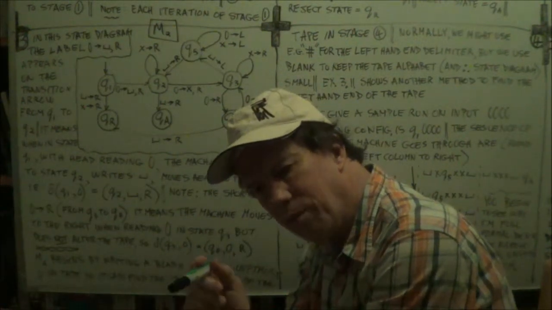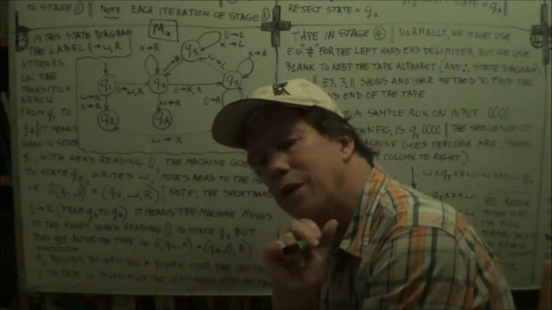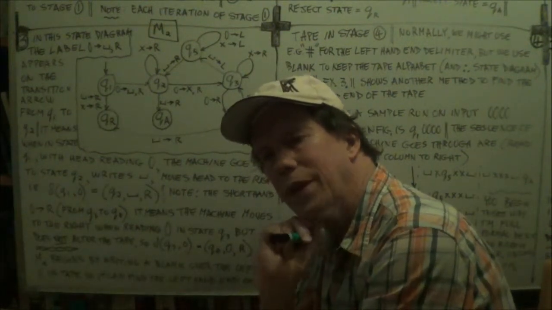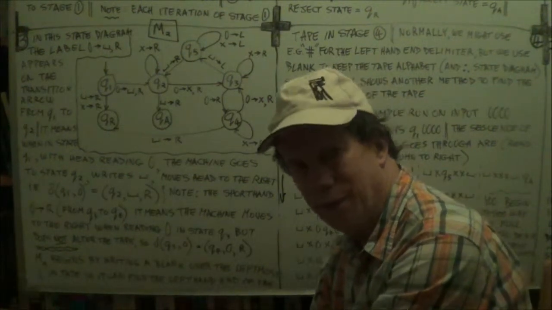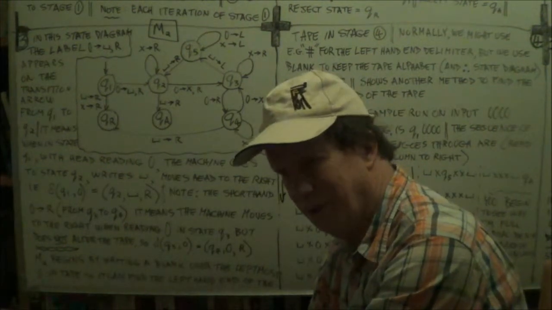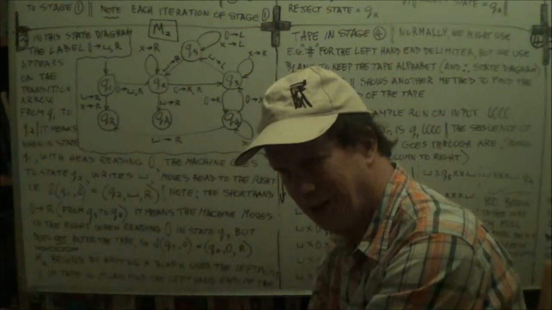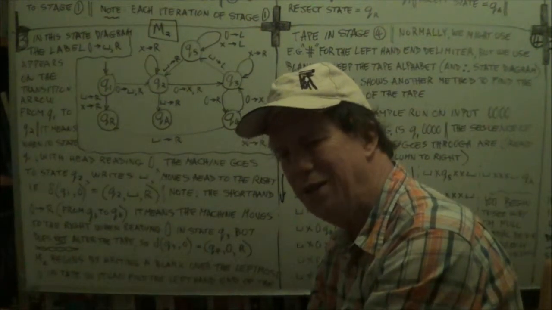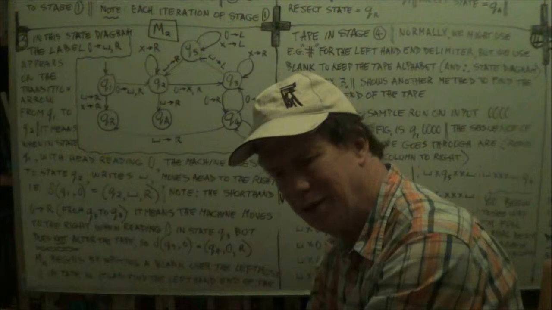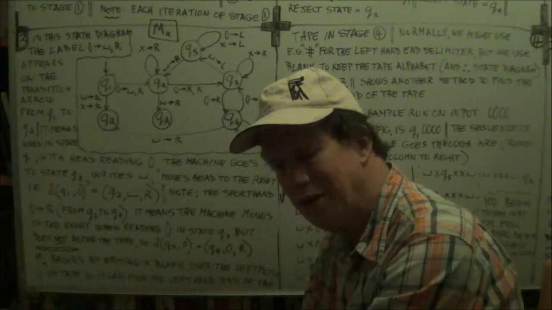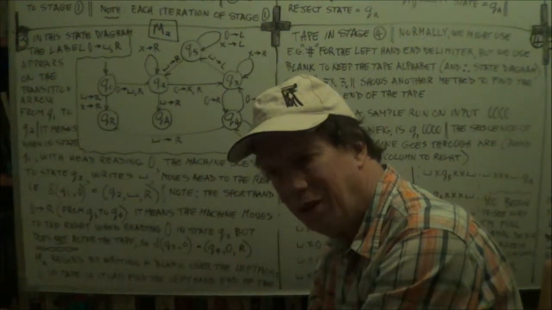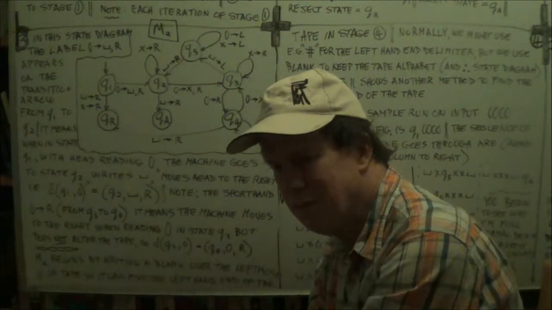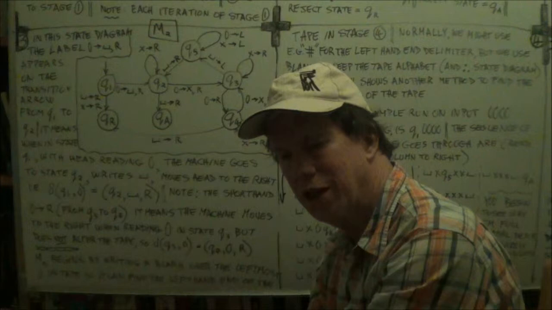Well, because you've got a blank at that first square. Now that raises another question. I've mentioned this before. I still, for the life of me, have not figured out why Sipser insists on starting his discussion of Turing machines with a half-infinite tape. Why not just start with a tape infinite both ways?